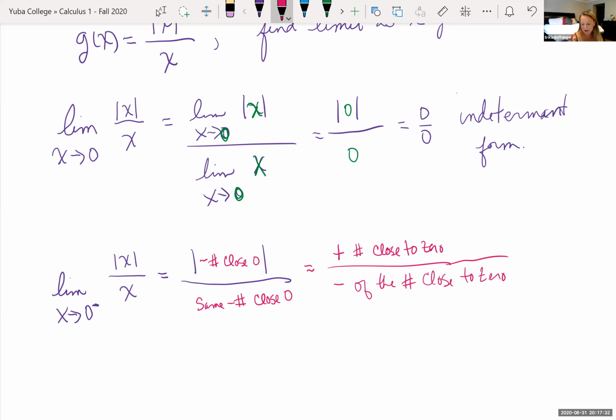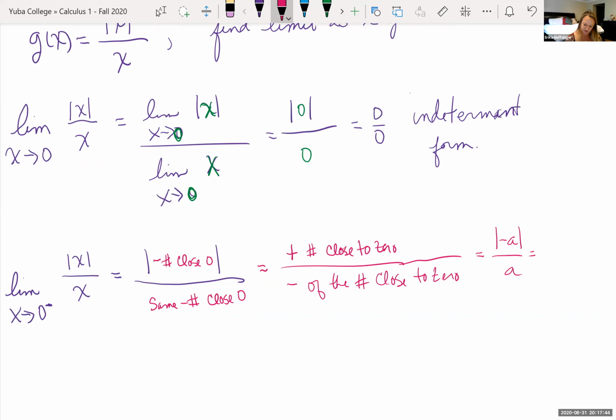Okay, so let's say maybe that value is a. So that would have been the absolute value of negative a over negative a, which is a over negative a, which is negative 1.